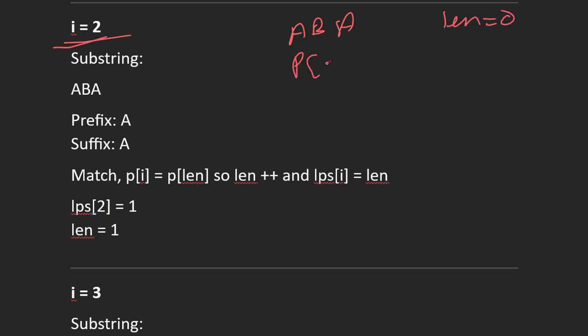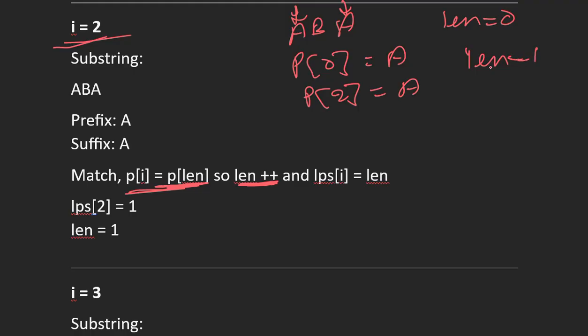So P of 0, that is A, and P of 2 is also A. So P of i is equal to P of length, meaning this is matching to this. In that case we just increase length by 1, so our length will now become 1, and LPS of i will become equal to length. So LPS of 2 is equal to 1. So we have got 0 0 1 in the LPS till now, right?